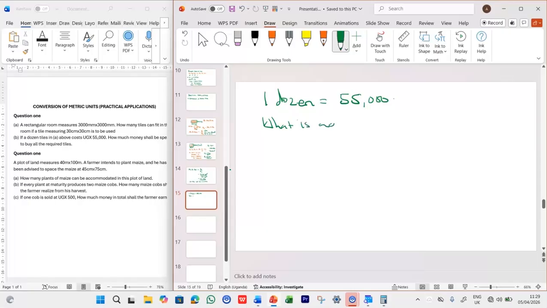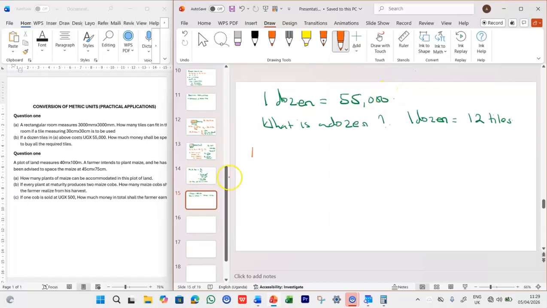What is a dozen? 1 dozen is equal to 12 tiles. So how much money shall be spent in total? Before you get to know how much money shall be spent, you need to know how many dozens of tiles are in 100 tiles.